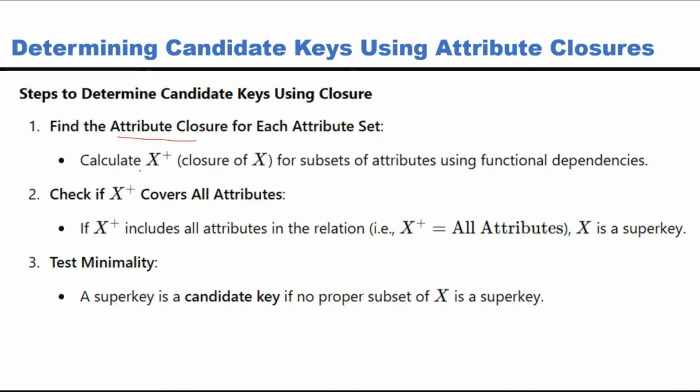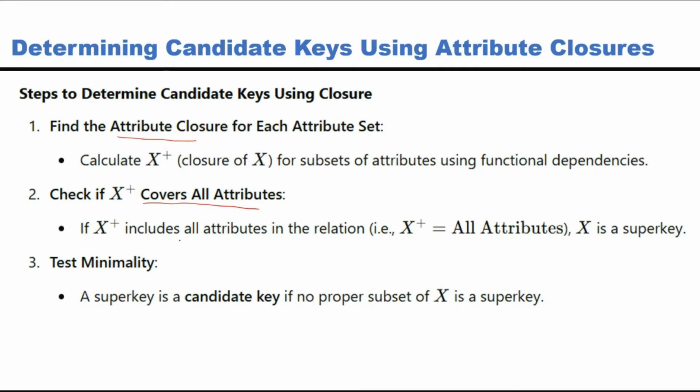Calculate the closure of X, X plus, for the subsets of the attributes using functional dependencies. The last algorithm you have to call here as a function in the first step. Then check if X covers all the attributes.